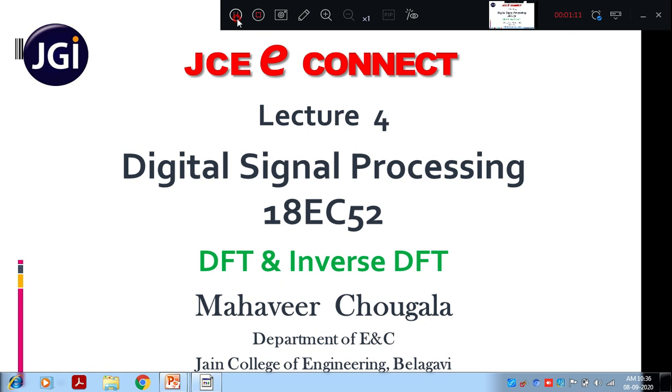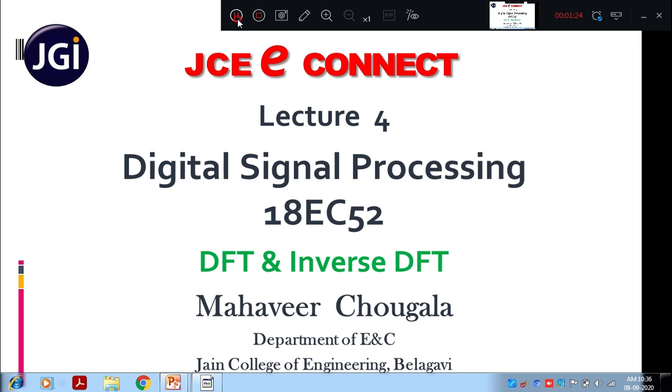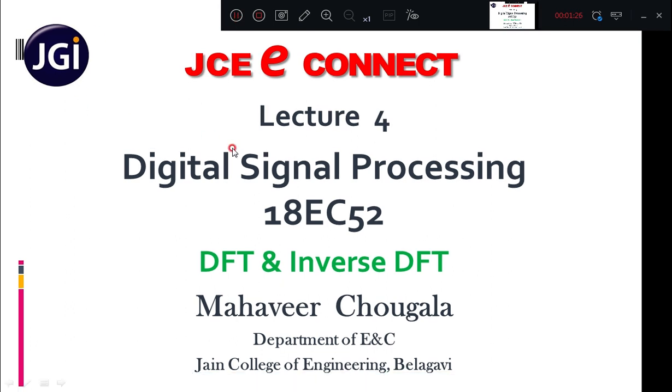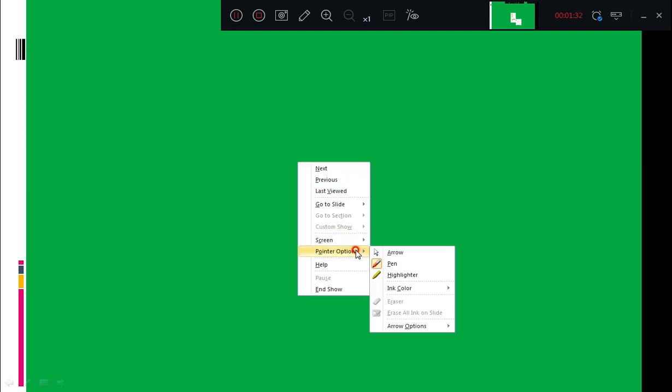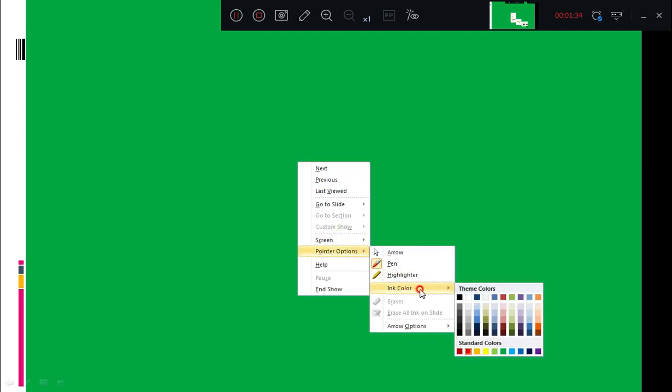In today's class, I am going to discuss with you the discrete Fourier transform and its inverse discrete Fourier transform. So, let me start with the discrete Fourier transform, and then we'll discuss its inverse.